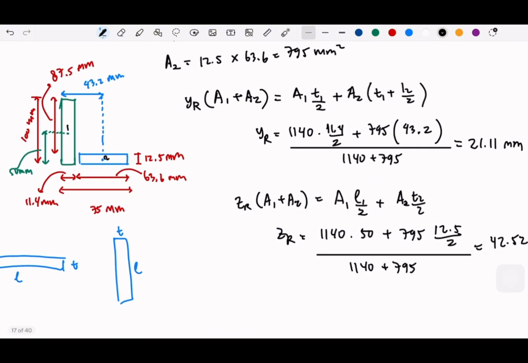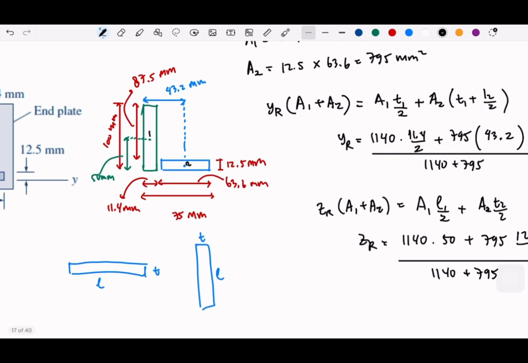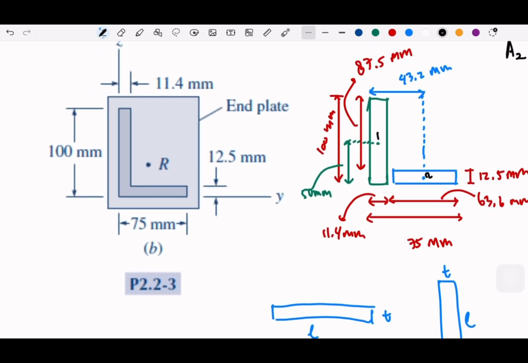And if we look at where it is going to reside, since the base is 75, we get the Y is 21, so perhaps it's around here, and then Z is 42, so perhaps it's around here, which I think makes logical sense that the centroid will be here. Okay.